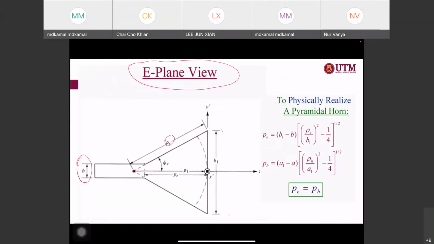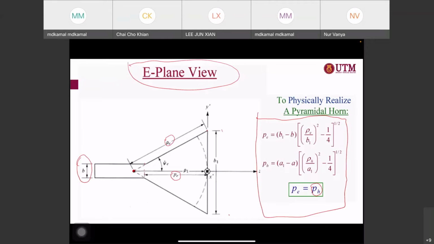To physically realize a pyramidal horn antenna, you need to find out this particular value. The value of your PE should be equal to PH. This is the condition that you need to fulfill in order to make this antenna work as a pyramidal horn antenna.